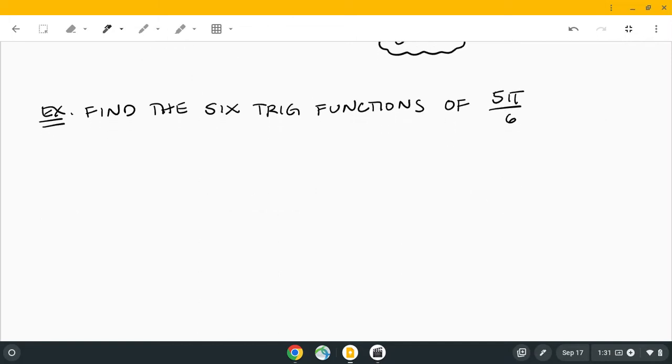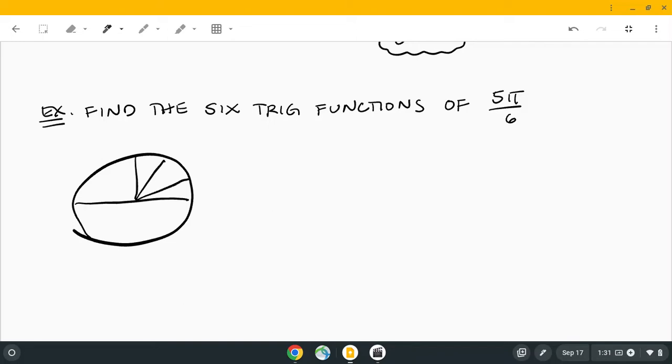All right. So this fraction does not reduce. So the reference angle is going to be pi over 6, which is associated with 30 degrees, right? Okay, so let's go ahead and draw and see which quadrant it lands in.